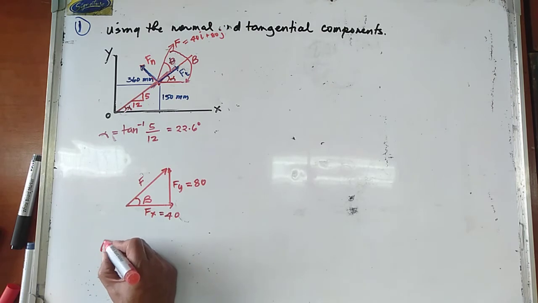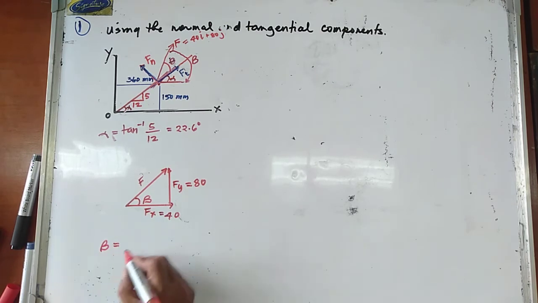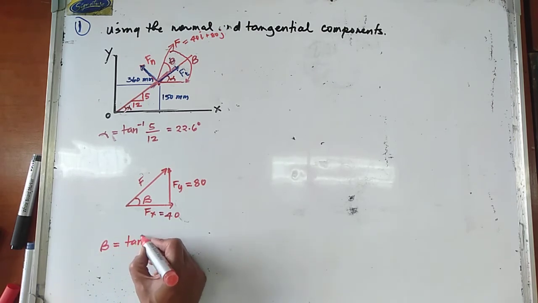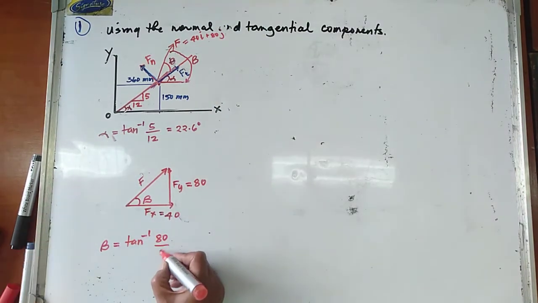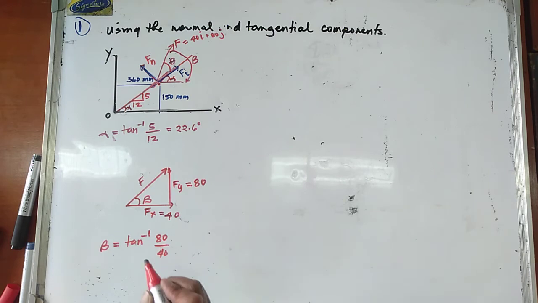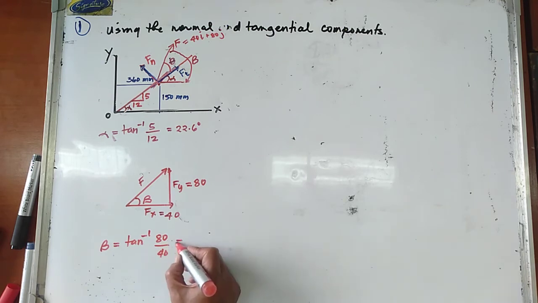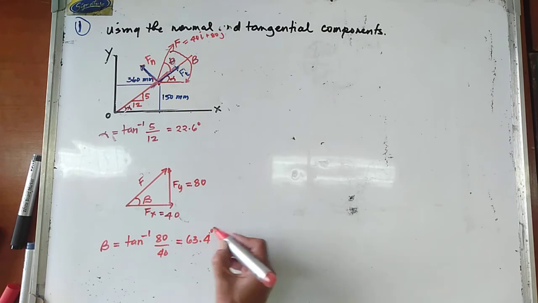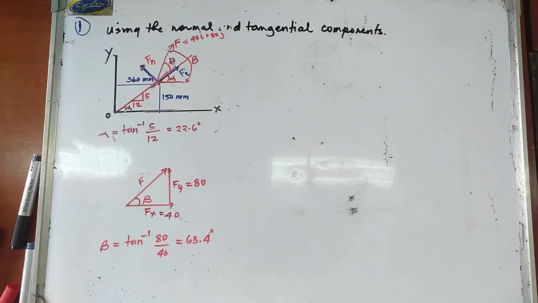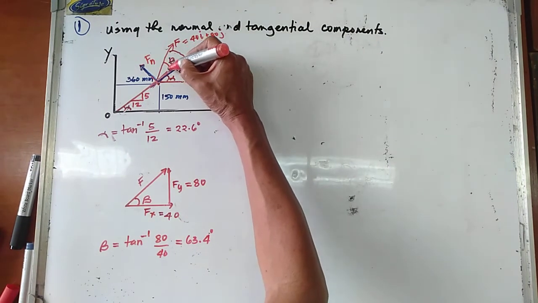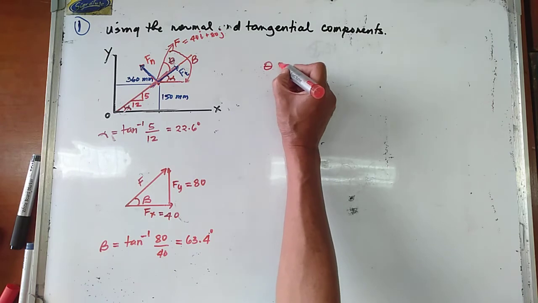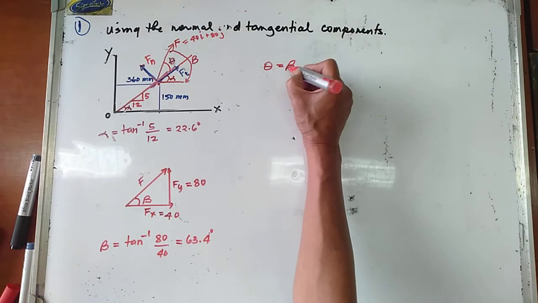So your beta in here is now equal to the arc tangent of 80 over 40, and this is therefore equal to 63.4 degrees.